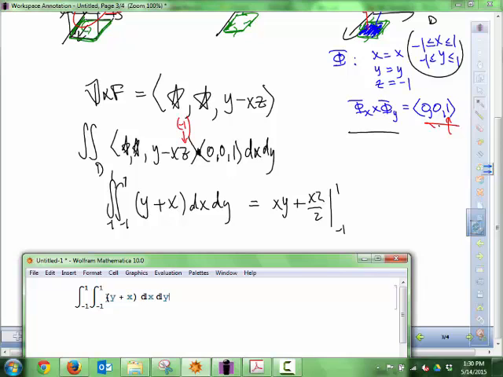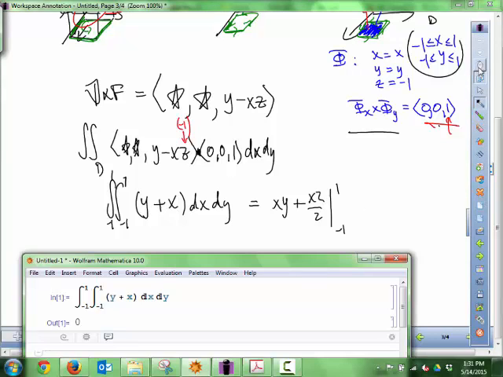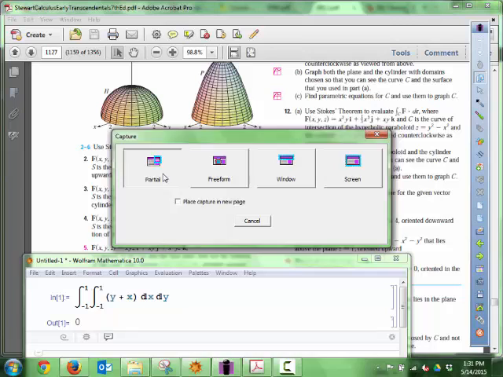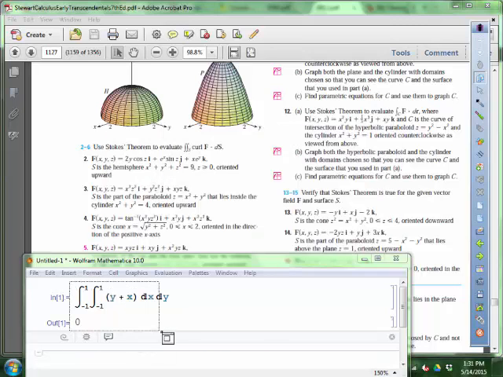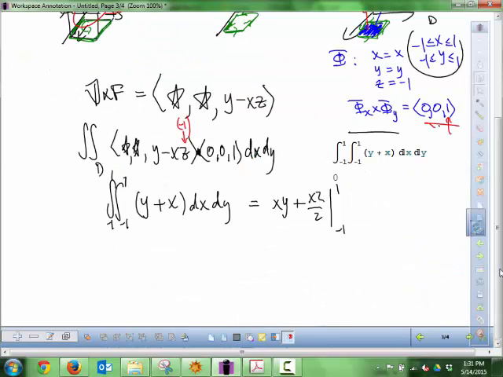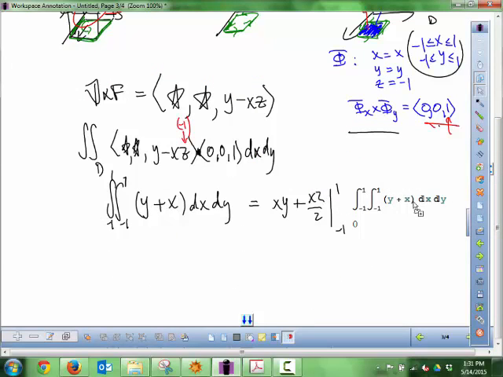You're just going to wait for me to come up with the answer. 0. So it looks like the flux is going to be, the answer is going to be 0.